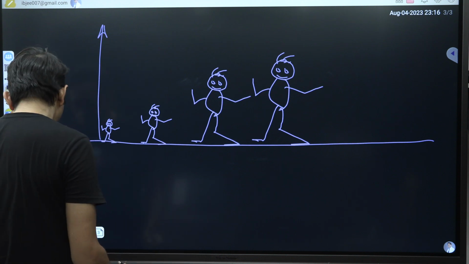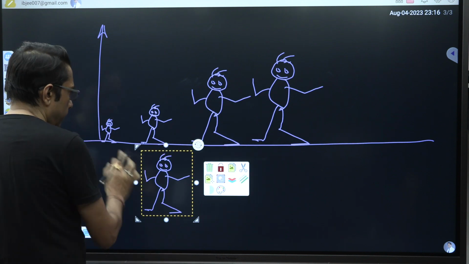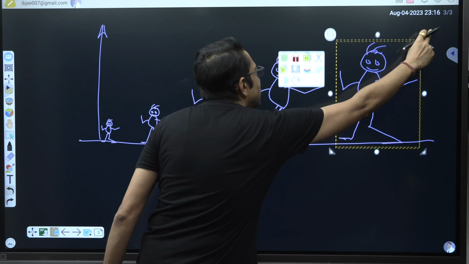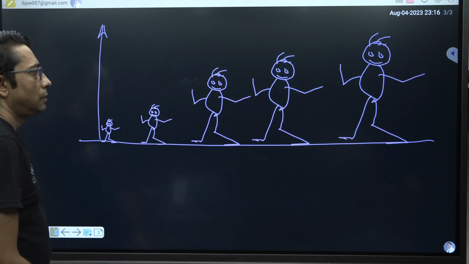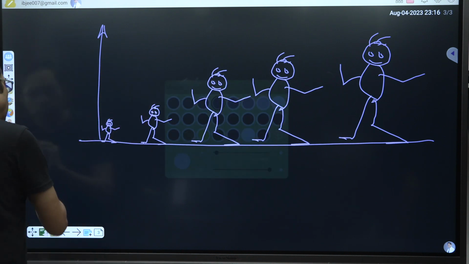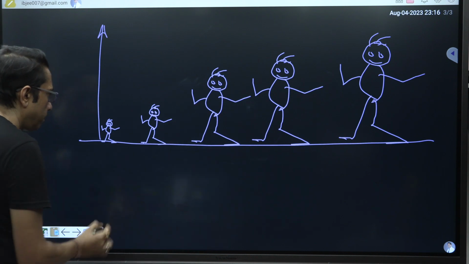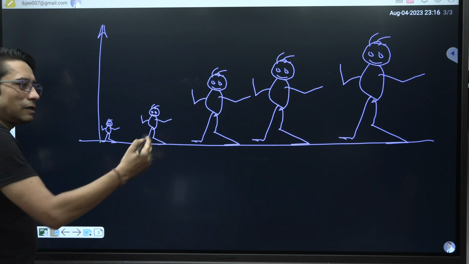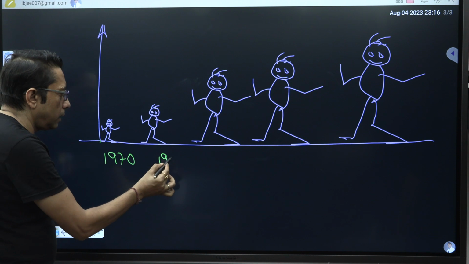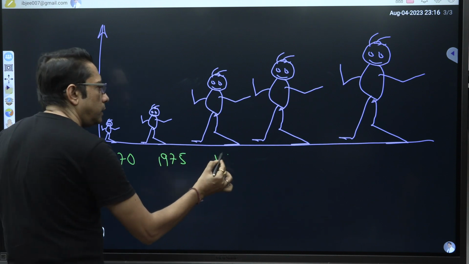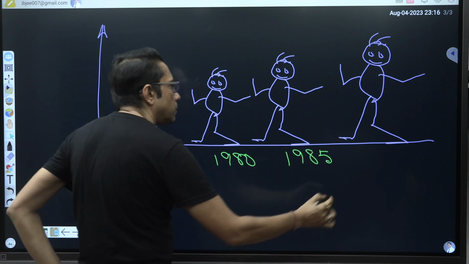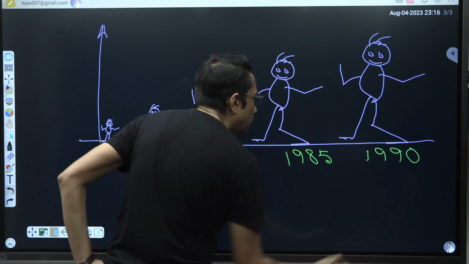And after that, he won't become shorter. Let me take arbitrary time. This was just arbitrary, don't mind it. This was 1970, 1975, 1980, 1985, 1990.